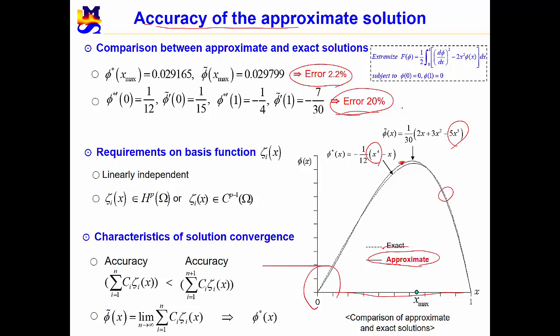Now, according to the related theories, basis function for a trifunction should belong to pth order Sobolev function space, when the differentiation is 2 times p order to guarantee the solution compatibility.